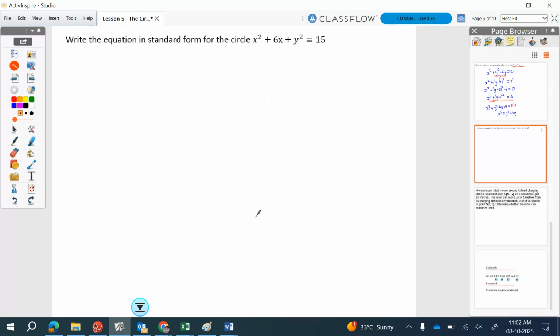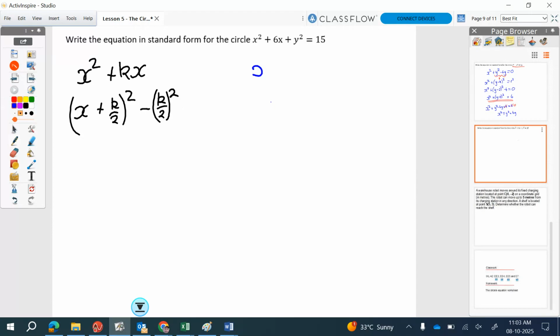Okay, let's just review the completing the square process. If we have x squared plus kx, we can complete the square by writing this as x plus k over 2 squared minus k over 2 squared.